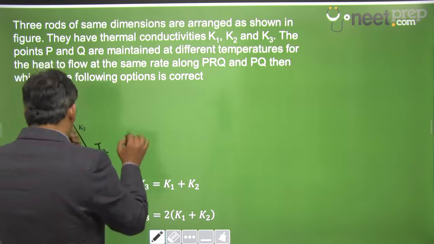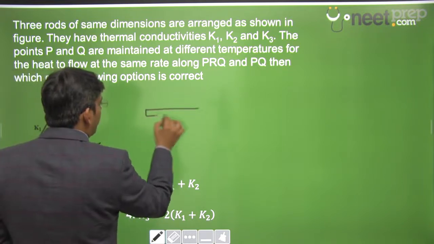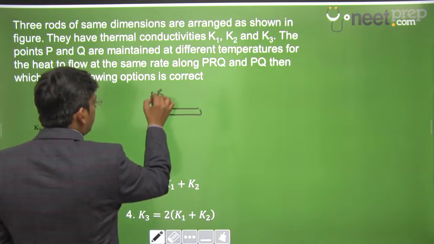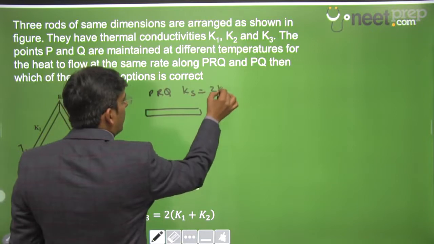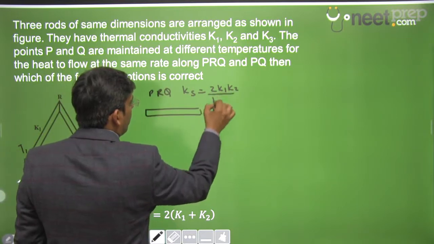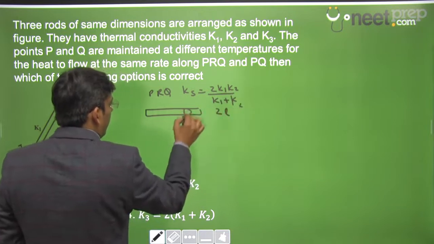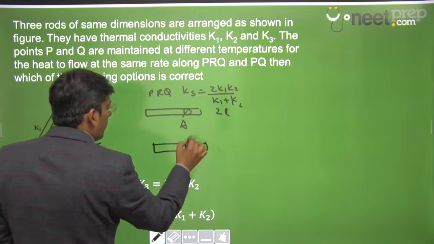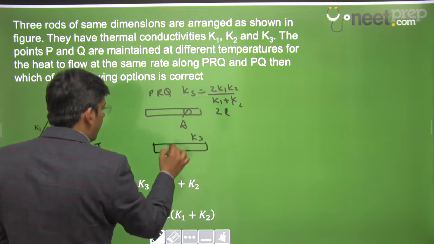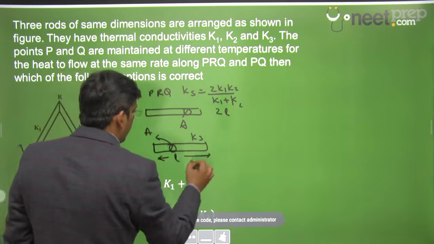So you can assume PRQ to be a single slab of conductivity 2K1K2 divided by K1 plus K2, length being 2L and area being A. And PQ to be a single slab of conductivity K3, area A and length being L.